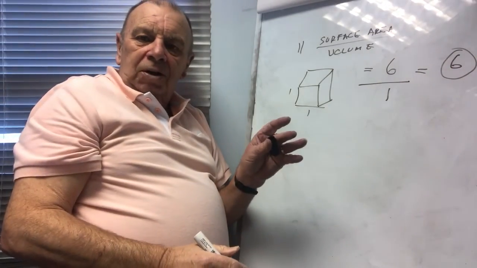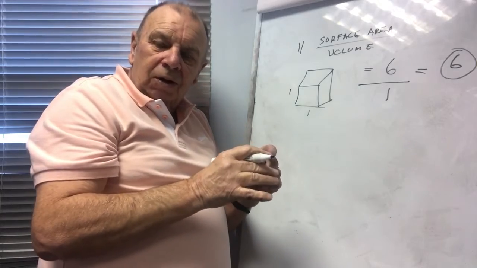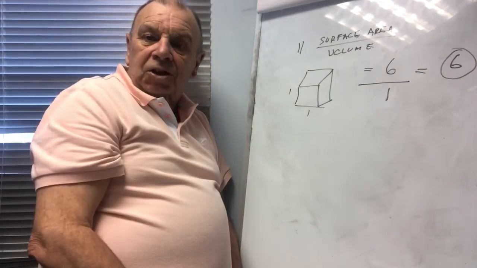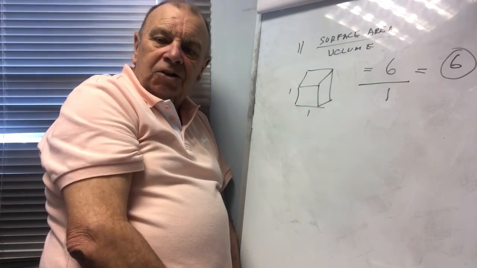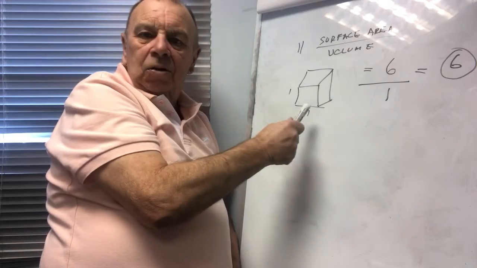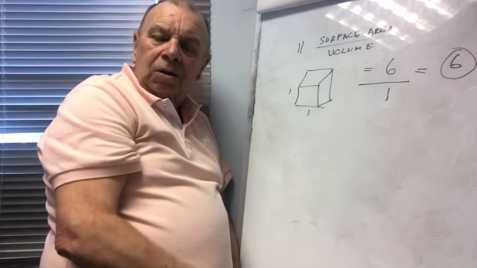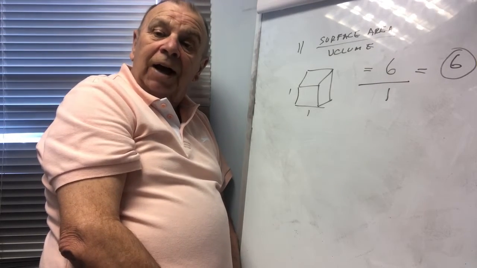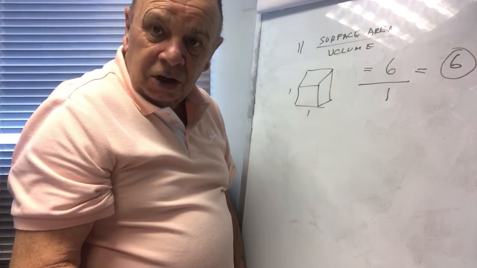So by making the particles of the reactants smaller, I increase the surface area to volume ratio, you've just seen in that calculation, by a factor of 10. So if I made those reactant particles even smaller, the greater the surface area, and hence the greater the chances of collision.